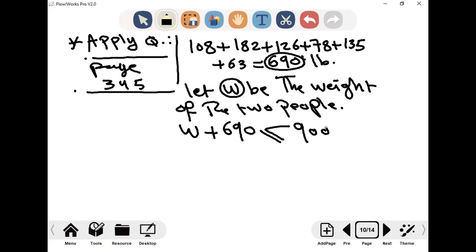The question said at the end, without exceeding 900. Exactly. So let's find it now. Shift the 690: 900 minus 690, right? W will be less than or equal to 210.